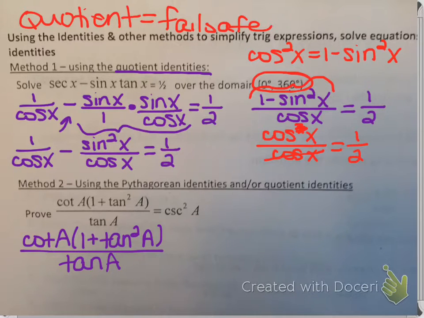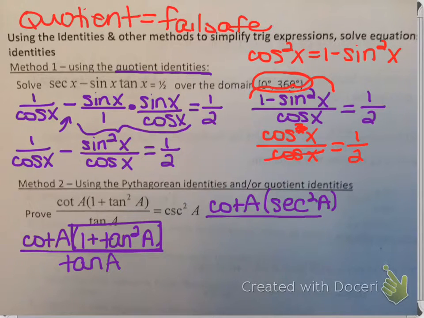Okay? So I'm going to use my Pythagorean identity first. The second Pythagorean identity is going to allow me to replace that binomial right there. 1 plus tangent squared is going to get replaced with secant squared. Because that is an identity.